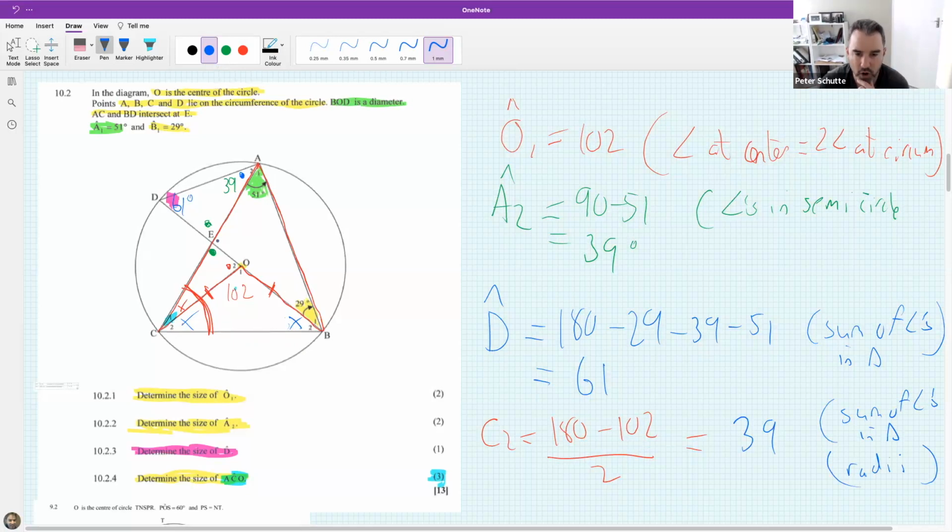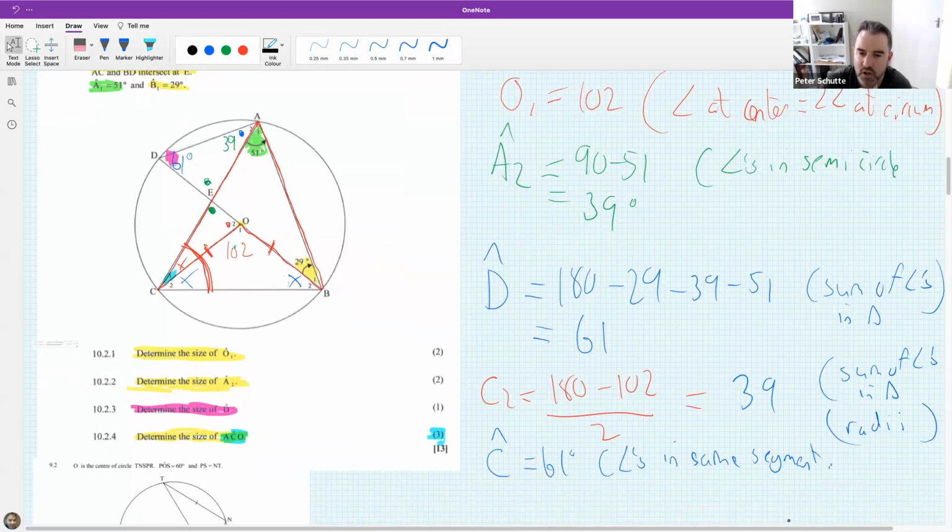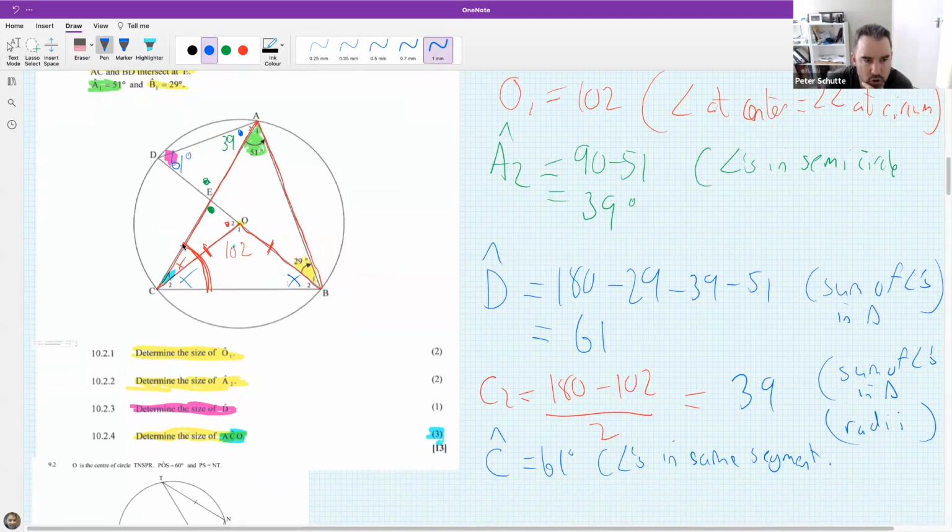Now, earlier on, we said that angle C, basically big C or C1 plus C2, I'll call it big C, was equal to 61 by angles in the same segment. But now if you know the whole thing is 61, right?